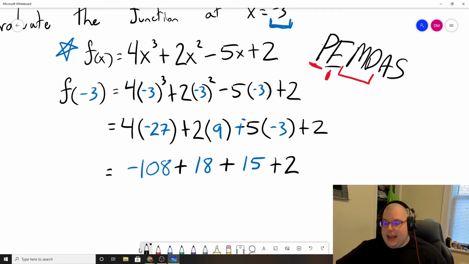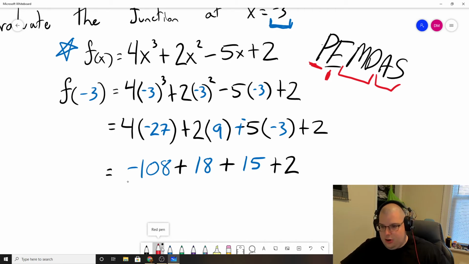Now, in the last step, we have the A and S of PEMDAS, the addition and subtraction. And again, you're going to do addition and subtraction at the same step from left to right. So I'm going to start on my calculator with negative 108 plus 18 plus 15 plus 2.